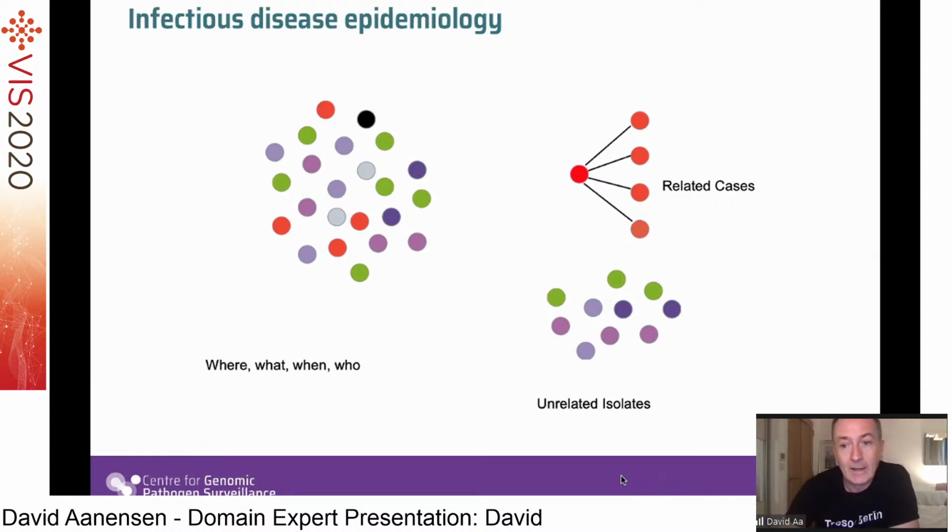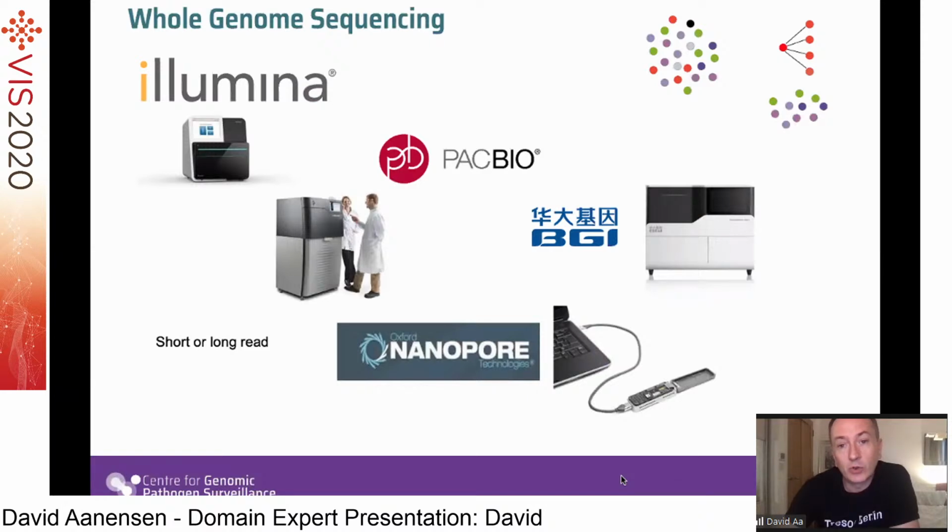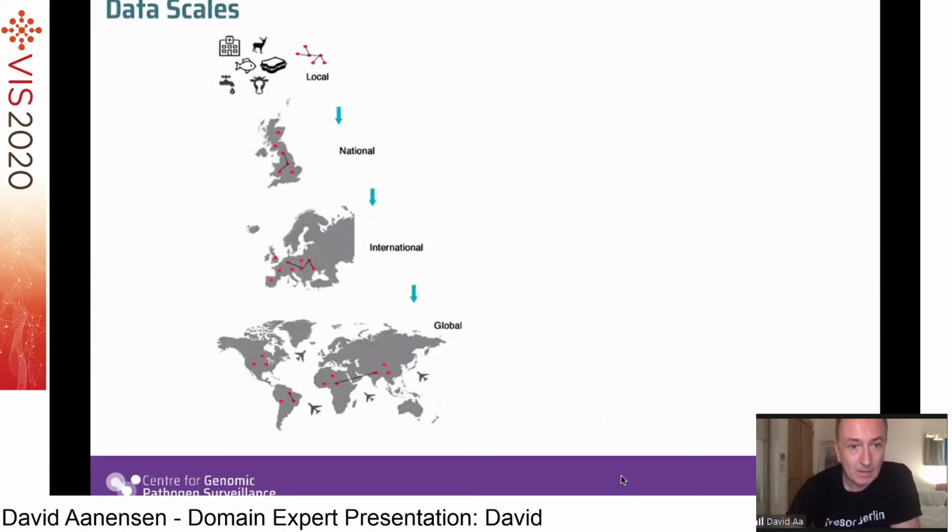So we use whole genome sequencing, and this is a method that's taken a lot of uptake everywhere over the past number of years, which gives us the unique genetic code of every isolate of a pathogen that's genome sequenced. Now, one of the things we want to be able to do broadly, collectively as a community, is to be able to understand this kind of transmission at very local levels.